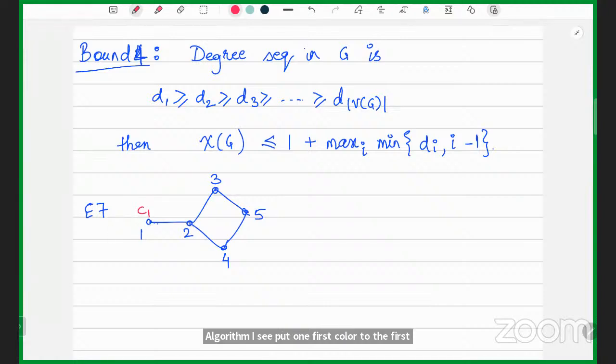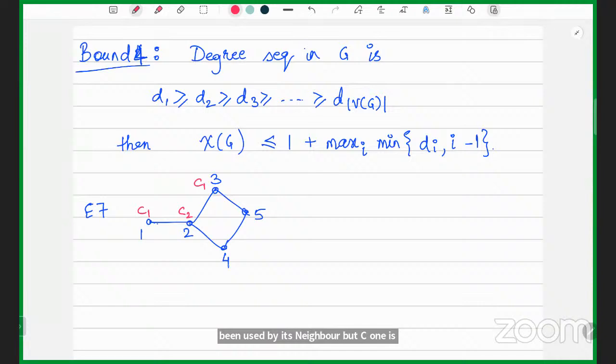Now you come to the second vertex. Choose the lowest non-used indexed color. It's C2. Put C2. Come to C3. So for the third vertex, C2 has been used by its neighbor, but C1 is available. So I'm going to put C1 on it.